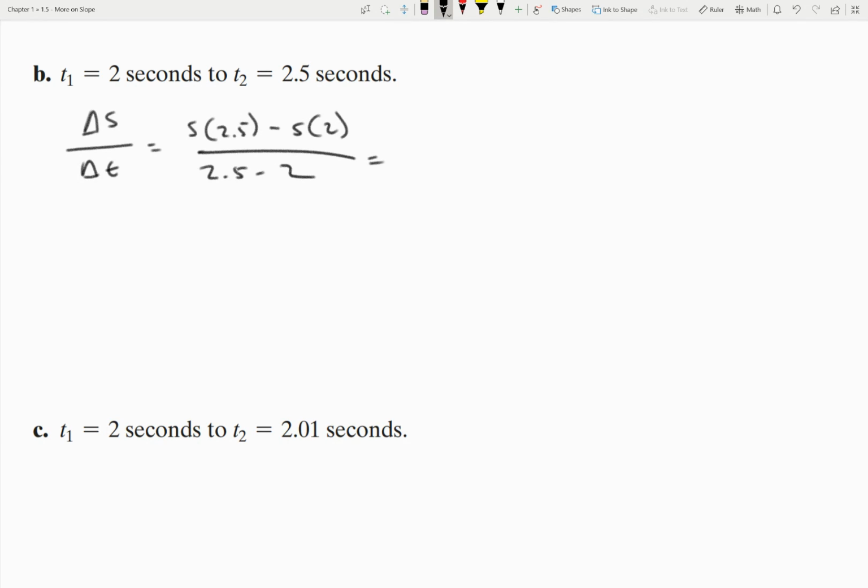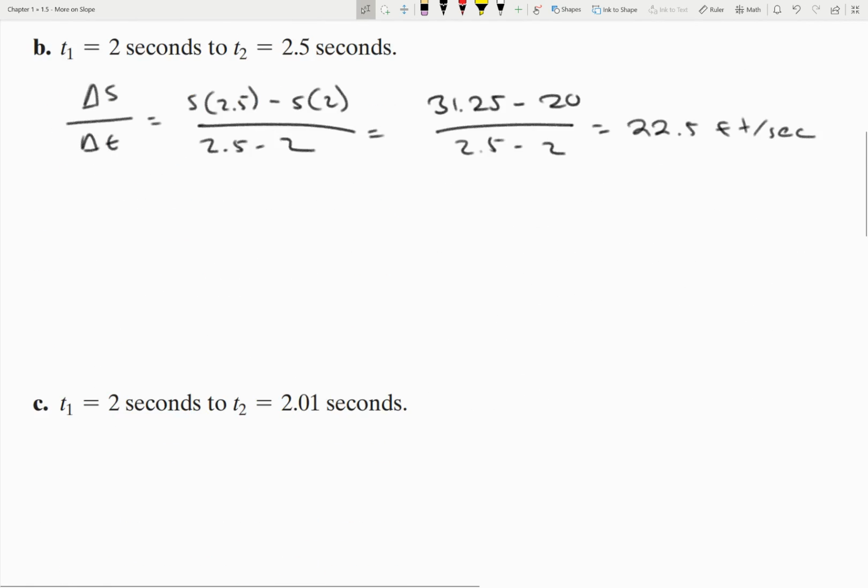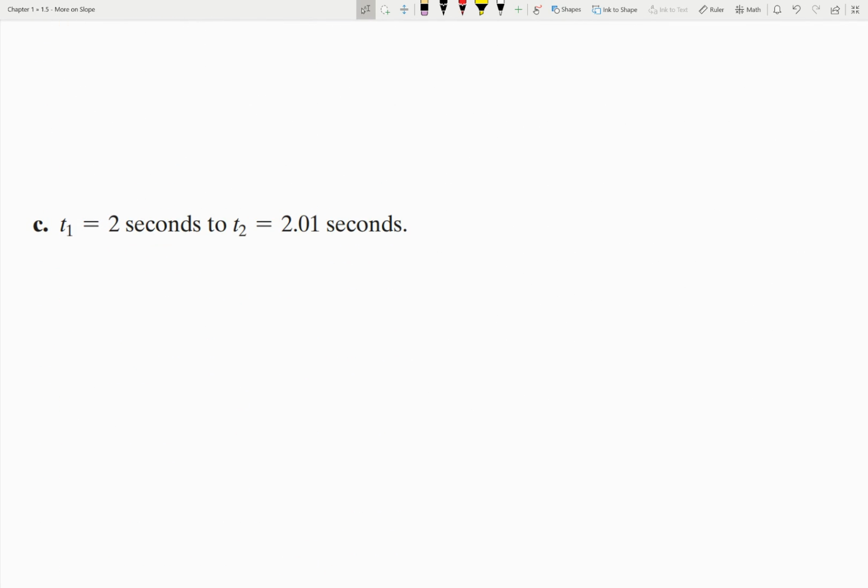So 2.5, when we plug that in, we get 31.25 minus 20, the 5 times 4, over 2.5 minus 2, which gives me about 22.5 feet per second. And then you can tell that the second one, the slope was smaller. And the third one, the slope is going to be even smaller than that.